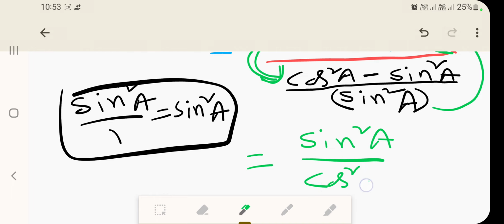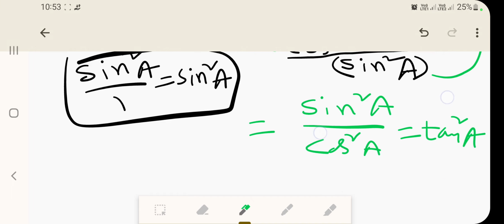Now how can we write this sin square A by cos square A? Sin square A by cos square A we can write as tan square A. So this is the RHS they have asked. So LHS equals RHS, hence it is shown.